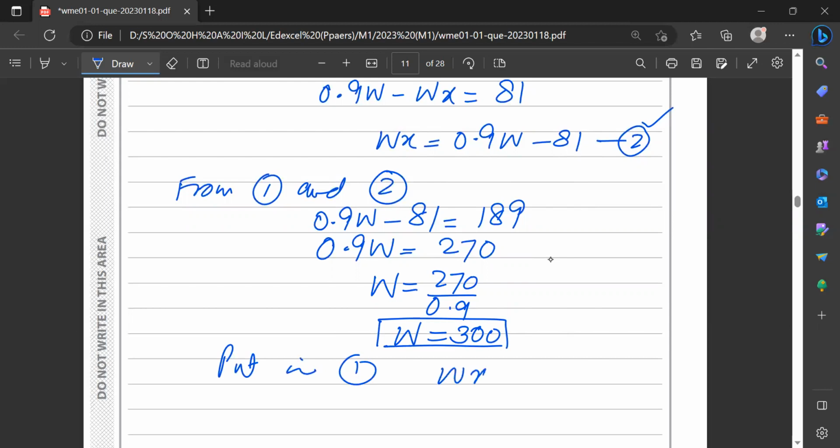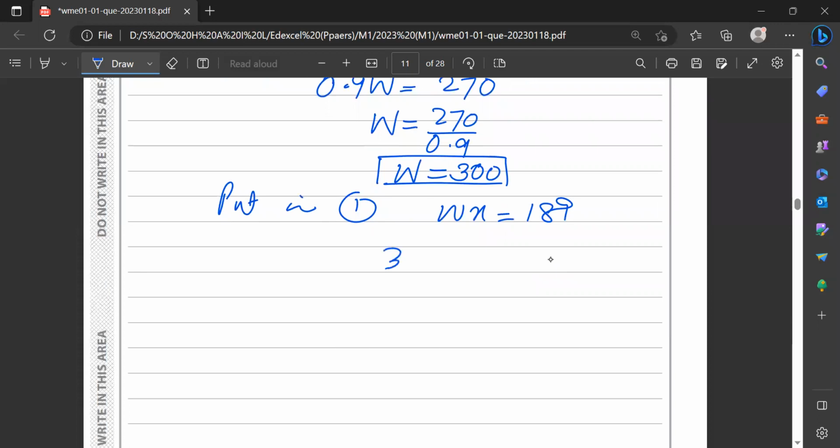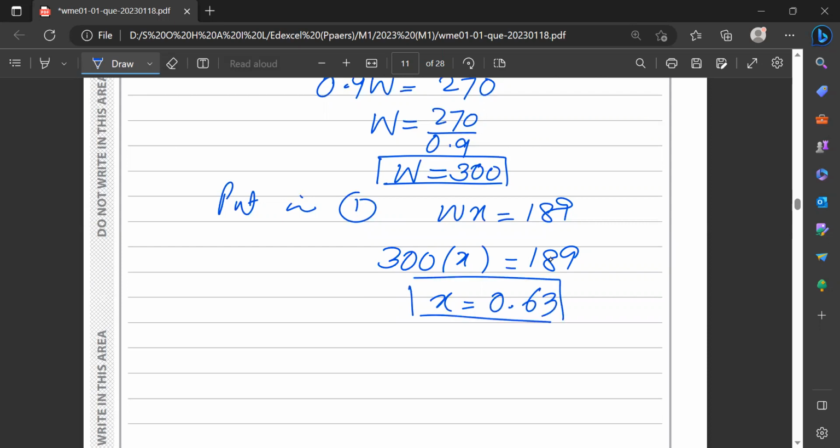That was Wx is equal to 189. So 300 into X is equal to 189. So 189 divided by 300 is the answer. X is equal to 0.63. So we have both the answers here.